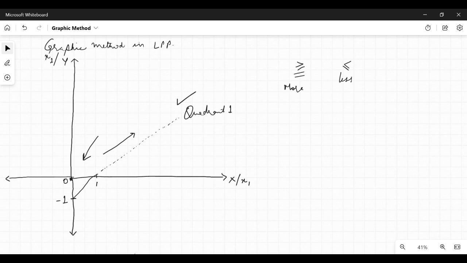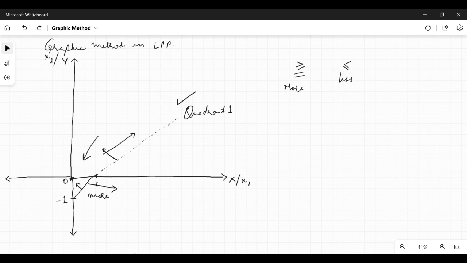And if it is given less than sign in this equation, it means it is toward the origin. In the same way, the area is on this side of the first quadrant. But if it is given that there is more than and equals to sign, so in that case the area lies on this side. In the same way, if we look at the first quadrant, then it is away from the origin.